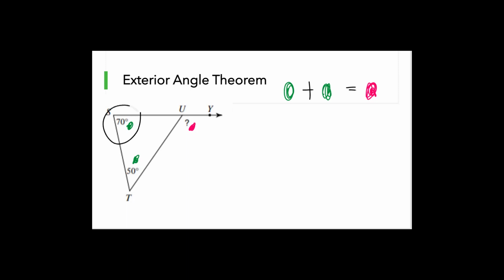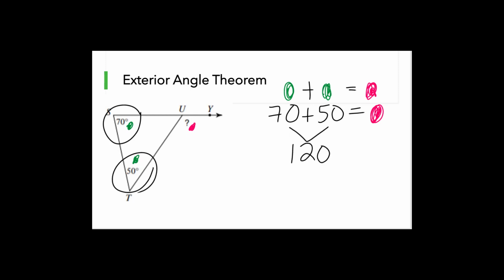So this angle, 70, plus 50 equals my outside angle. So it's going to be 120 degrees equals my outside angle. So that would be right here, 120 degrees.